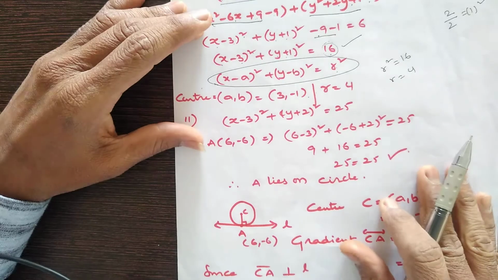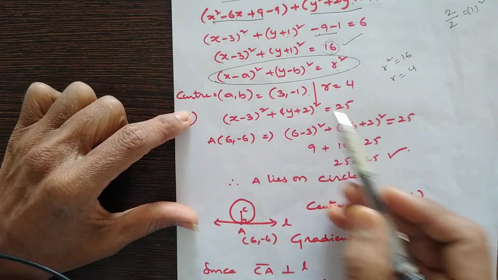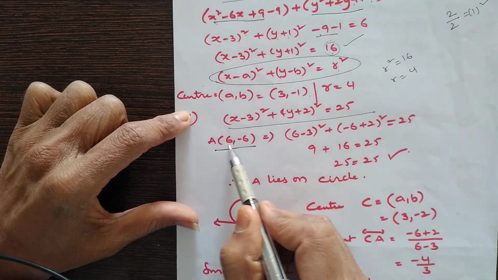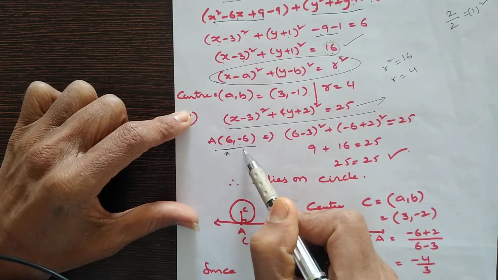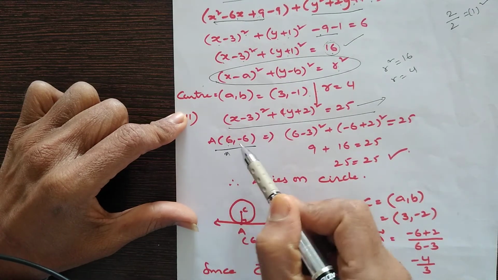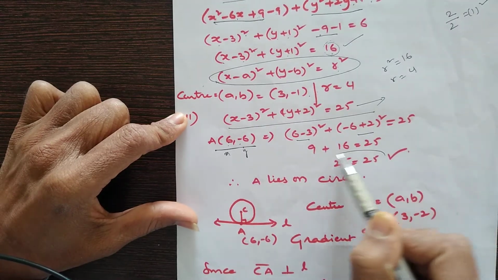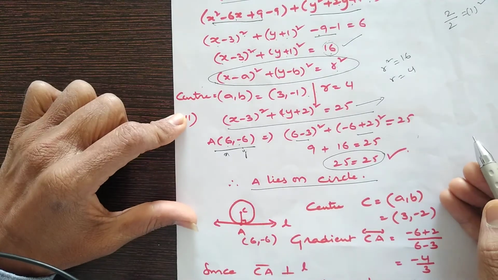Okay, very good. See here, the equation of the circle is given, and we have to show that this point lies on the circle, meaning substitute this point in the given equation. x is equal to 6, y is equal to minus 6. Substitute and it will satisfy. If it is satisfying, it means it lies on the circle.